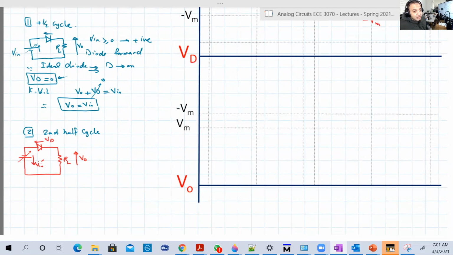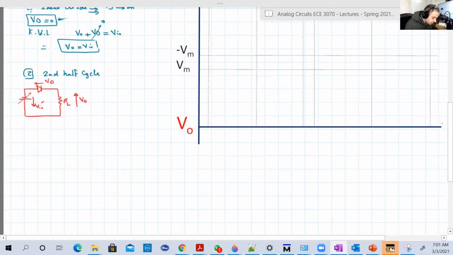But now we're gonna say that the diode is reverse, because although it is still positive negative, the sign of the voltage is negative. Okay, that's very good. Now the diode is reverse. Based on that, the diode is reverse.